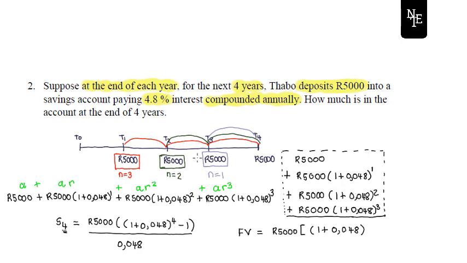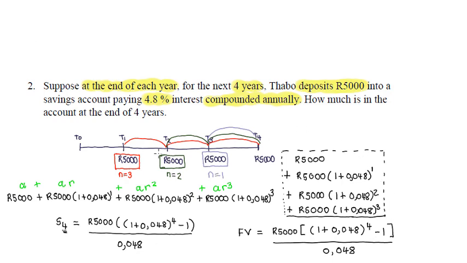So over here, the number of times that you took out this 5,000 Rand is just 4 times, and then it's minus 1, and that's all divided by i, which is 0.048.